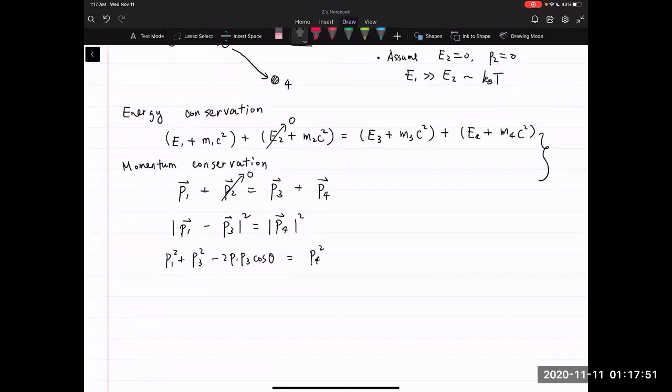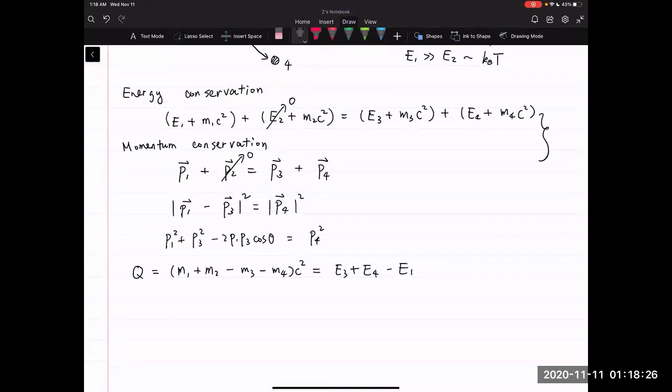We make use of the Q value. So what is Q? To get the Q value, we'll need to get rid of M4. So Q value is equal to the mass lost, M1 plus M2 minus M3 minus M4, times c squared, which is equal to the kinetic energy gain, E3 plus E4 minus E1.